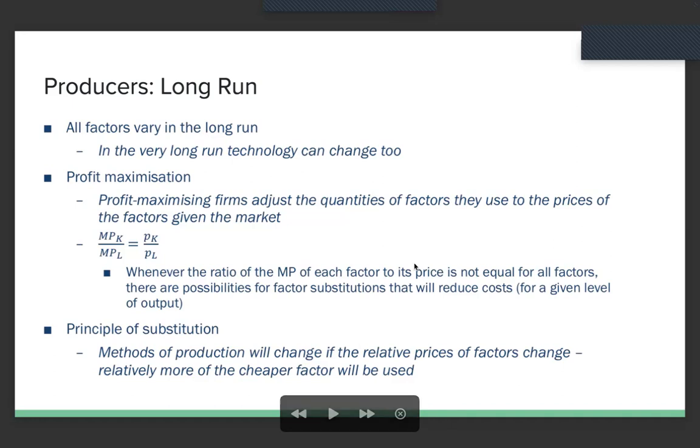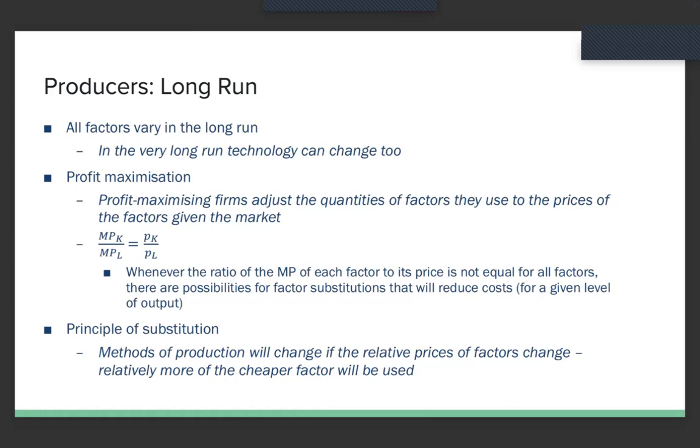The reason why we do this is because if there's an inequality, so let's say MP of K over P of K was greater, that means that each additional unit of capital relative to what I'm paying for that additional unit is bringing me more of the product compared to what a unit of labor is with respect to what I pay for that labor.